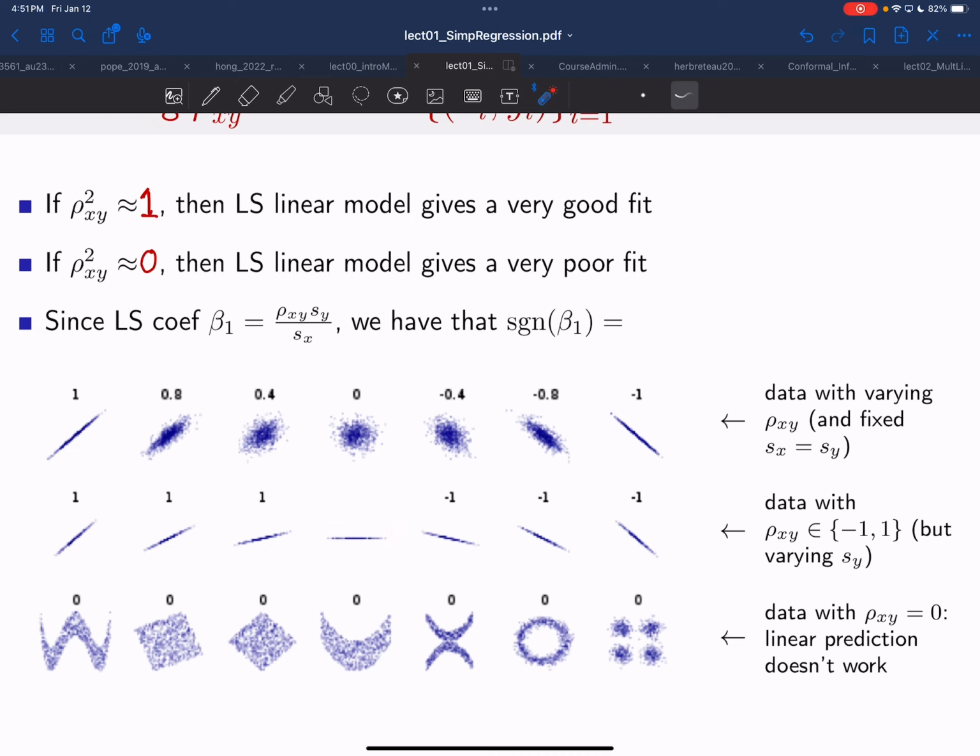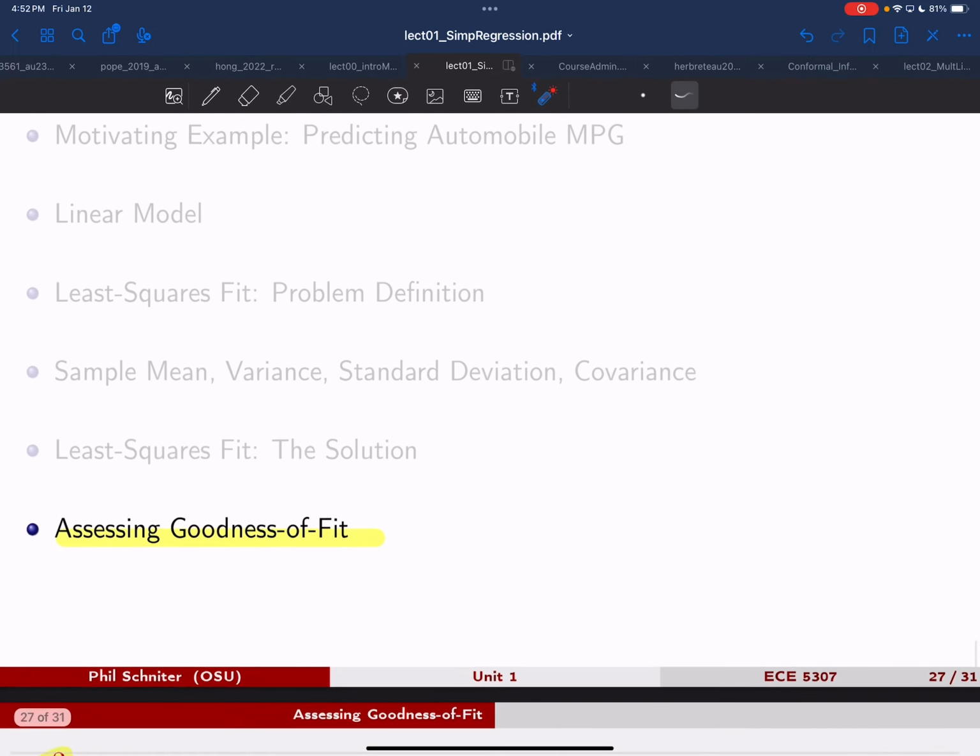And one last thing is that because of the expression we said our least squares coefficient has, and because these terms are positive, whatever the sign of the coefficient is, it must match the sign of your correlation coefficient. So for all of these cases, your beta 1 would be positive. For all these cases, your beta 1 would be negative. And that's sometimes useful. Like you want to know, is there a positive or a negative trend in my data?